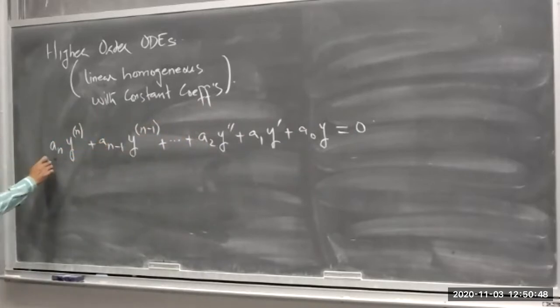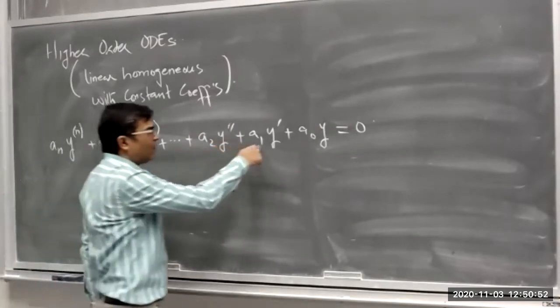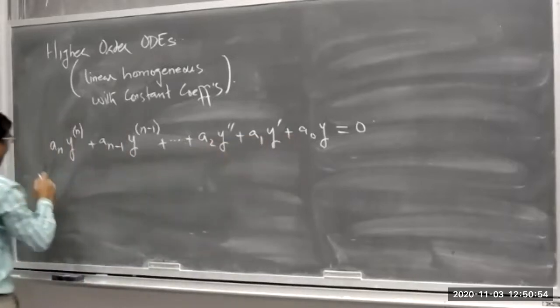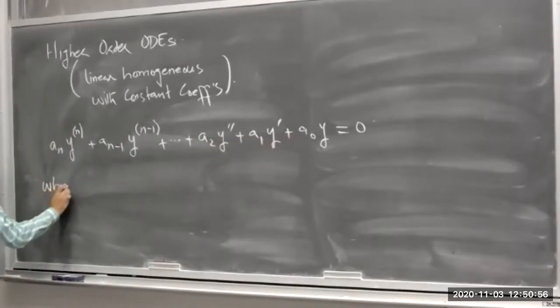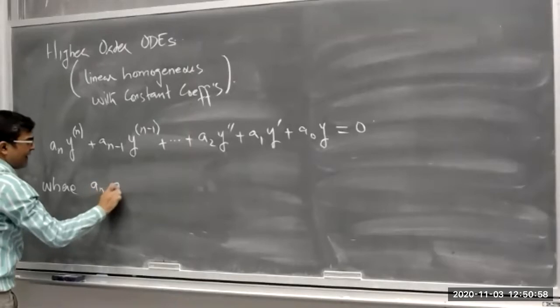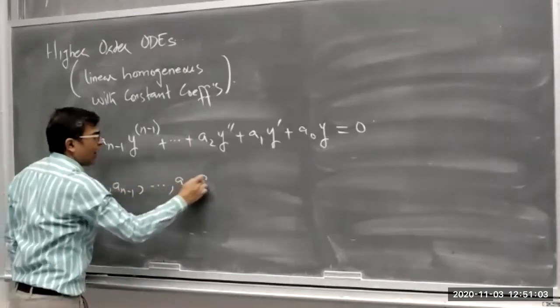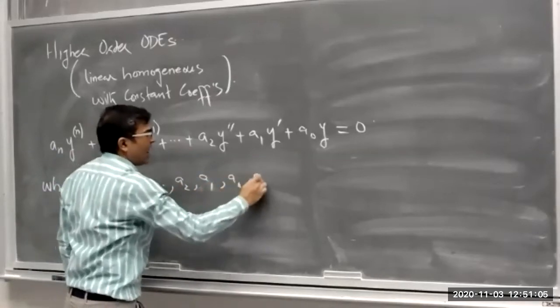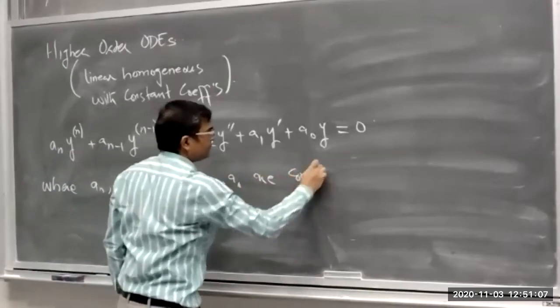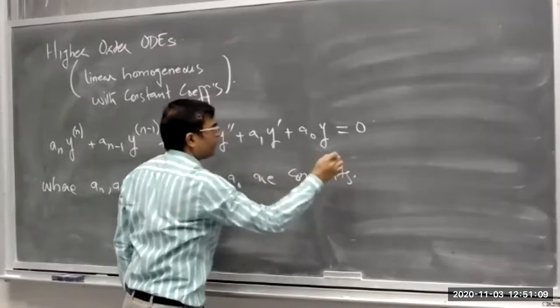Now we are assuming that the coefficients an minus 1, and so on, a2, a1, a naught are constants. Constants mean real numbers.